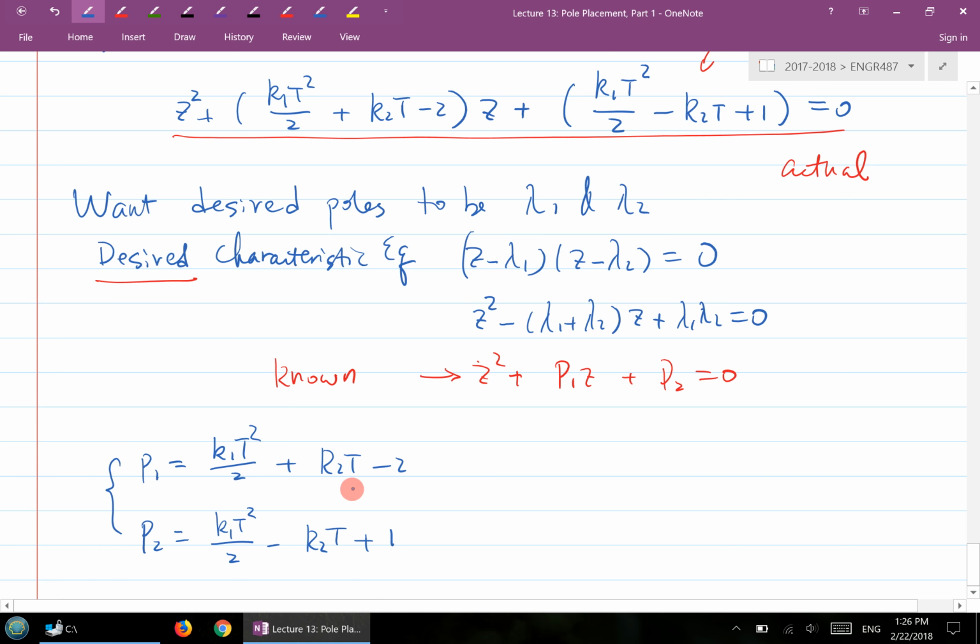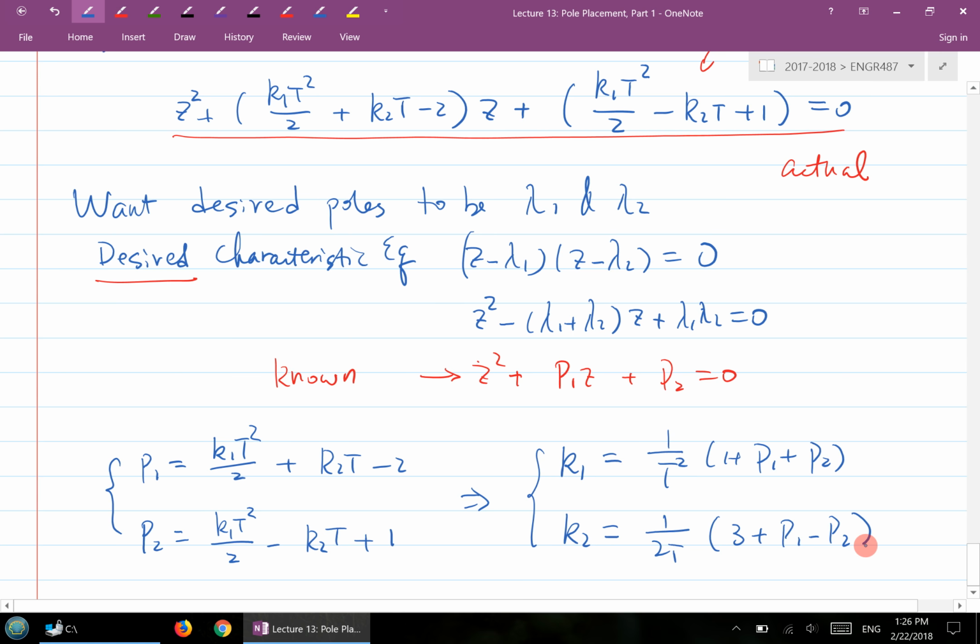And now two equations are here, so we can actually solve for K1 and K2, right? So with two equations, you'll be able to solve for K1 and K2. So your K1 and K2, solve it, and you get a solution like this.